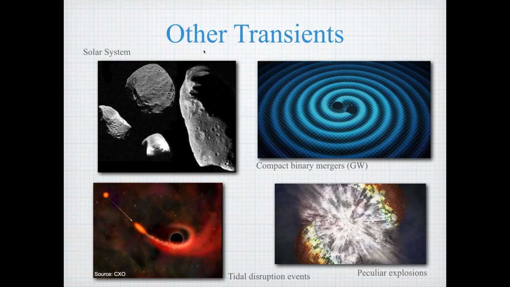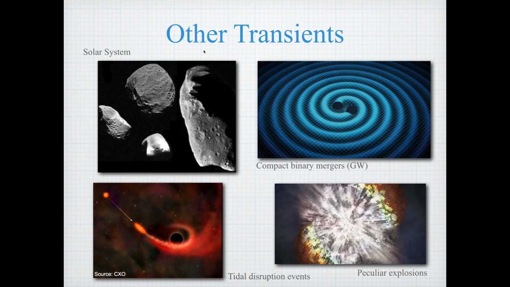If it changes very slowly, maybe you can study it. But it's not a well-controlled cadence, so it's very unpredictable. However, there are interesting solar system studies that you can do in the wide survey. So I'm going to focus on the solar system science that we've been doing.